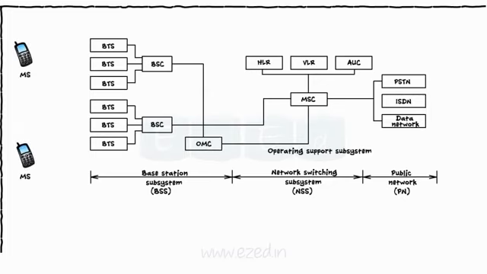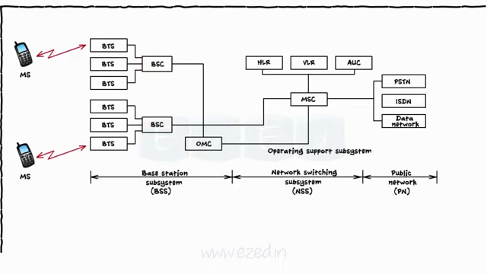Mobile station, MS. MS is nothing but the device used for communication, such as a cell phone, fax machine, etc. Base station subsystem, BSS. BSS gets connected to MS via radio interface. It has two different blocks, BTS, base transceiver station, and BSC, base station controller.